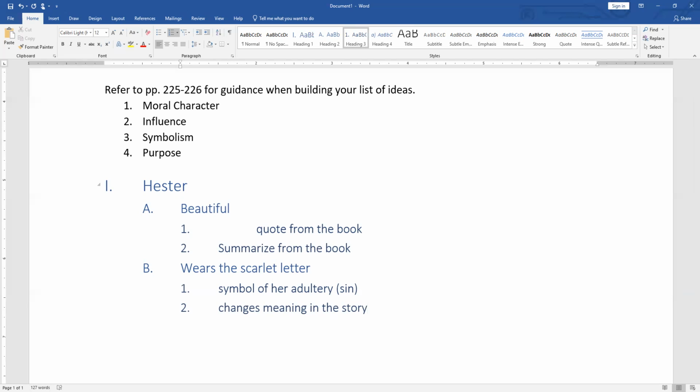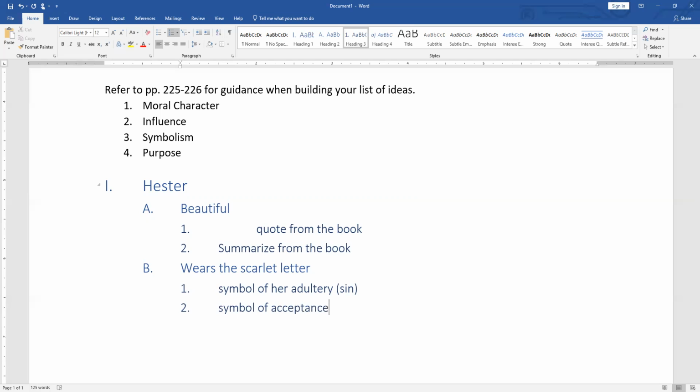So you could also have symbol of adultery, and then symbol of, trying to think of what the A ends up meaning. So first it's a symbol of her adultery, and then it's a symbol of her, I want to say, acceptance.